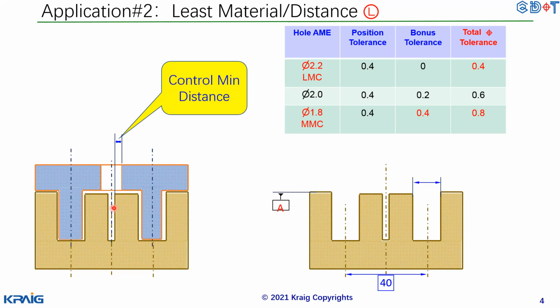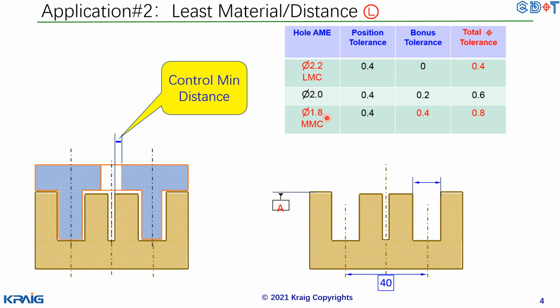In that situation, the position of this small hole is allowed to deviate further. So if the hole size is bigger, there's no bonus, and if the hole size is smaller, then you are allowed bonus. The position is allowed to deviate further; however, the minimum distance is still guaranteed.